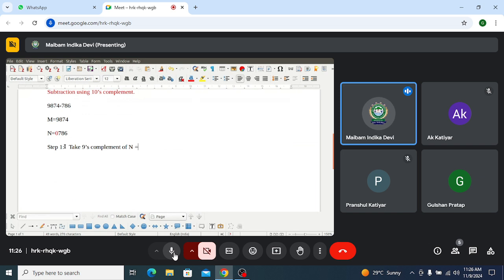What is the tens complement of n? 10000 minus 0786.